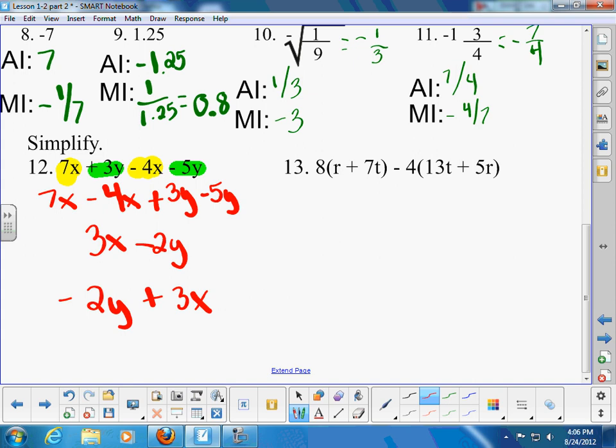Before we begin the last problem, let's talk about what we need to do. There are parentheses involved in the problem, so that determines that we must work through, I almost gave it away. We must distribute through the parentheses before we can combine any like terms. So distributing the 8 would give us 8r plus 56t.